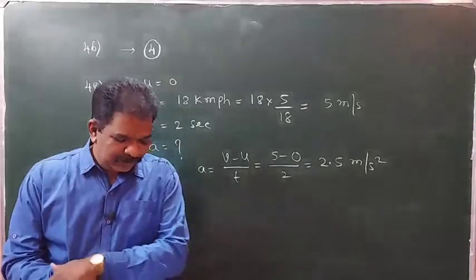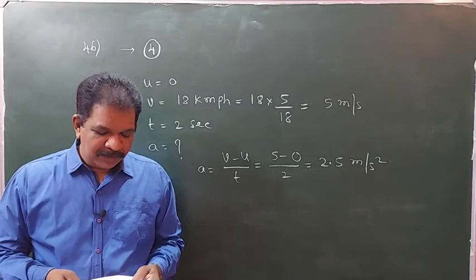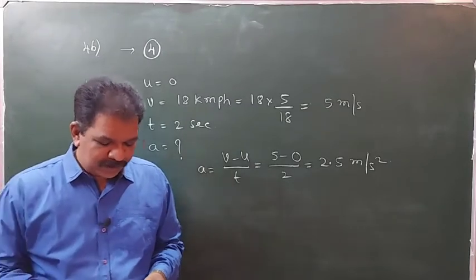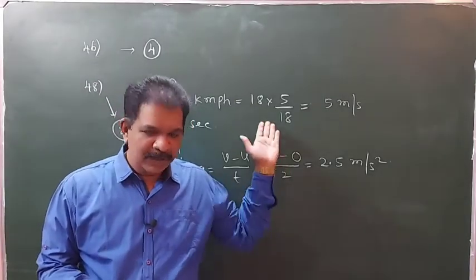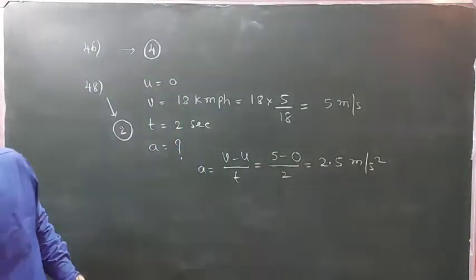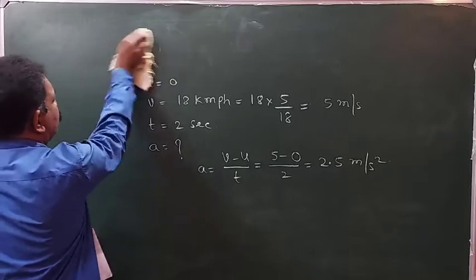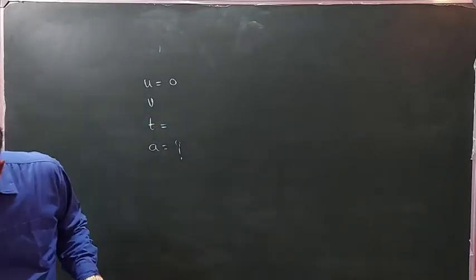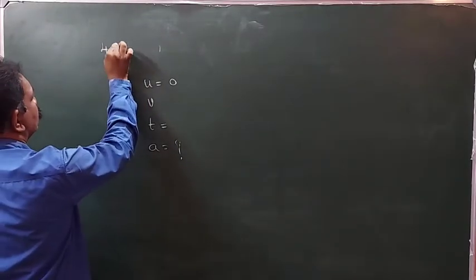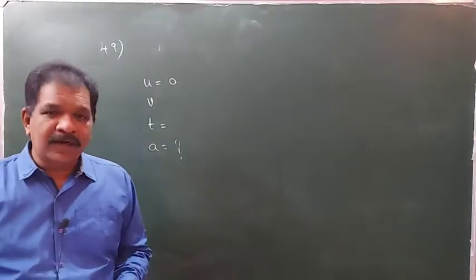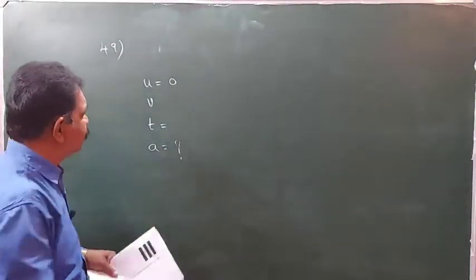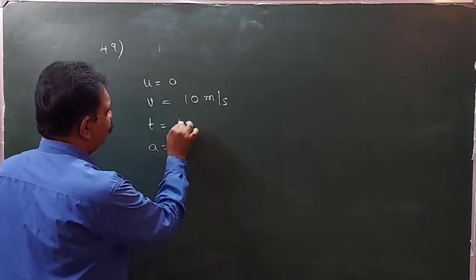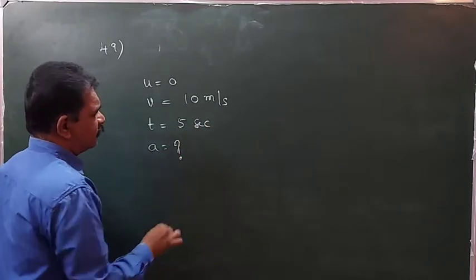Next, 49. A car starts from rest and acquires a velocity equal to 10 meter per second in 5 seconds. Find the acceleration of the car. Same type of question.